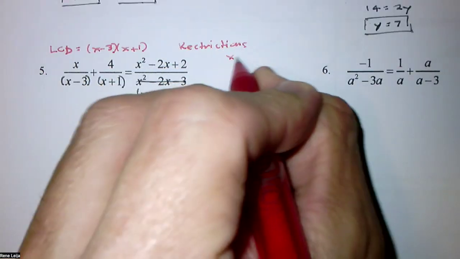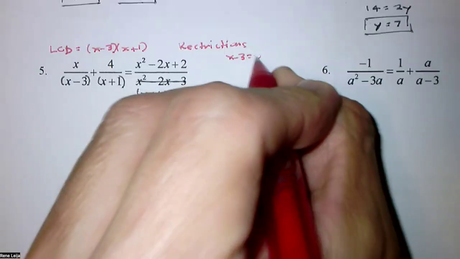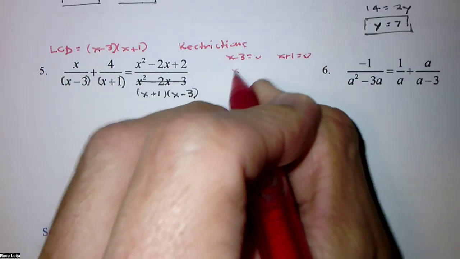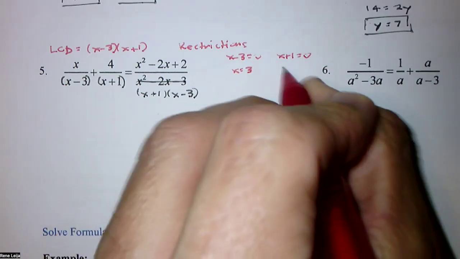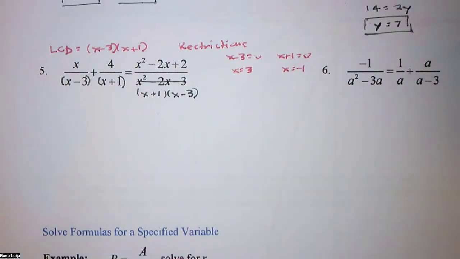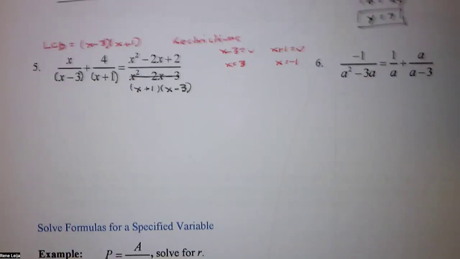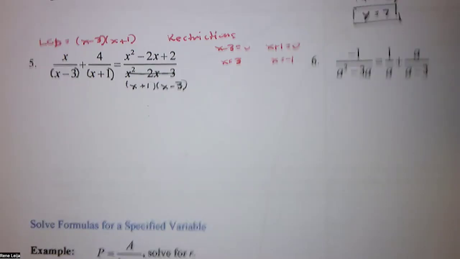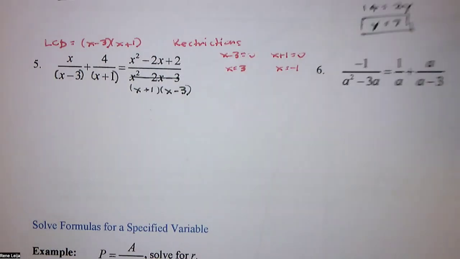So we're going to set x minus 3 equal to 0 and then x plus 1 equal to 0. So we get a 3 and a negative 1. Those are my restrictions. So if one of my answers or both my answers come up with these, I have to throw them away.